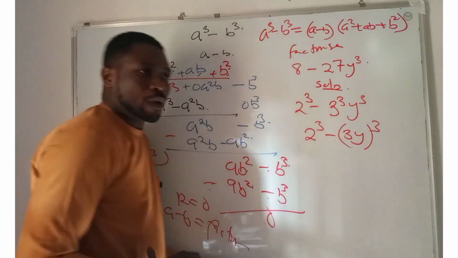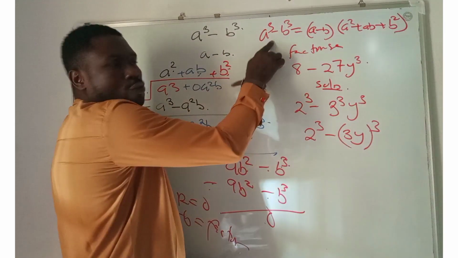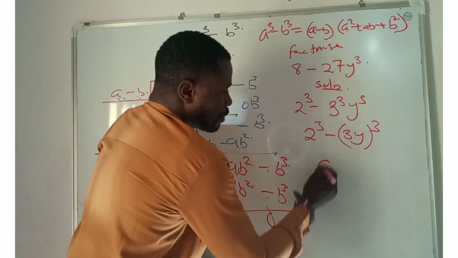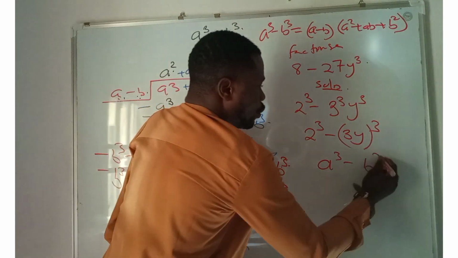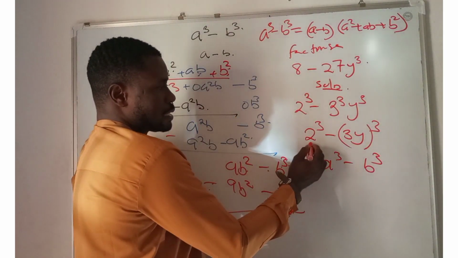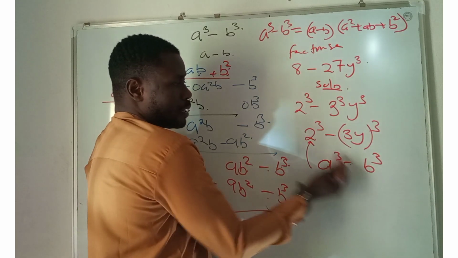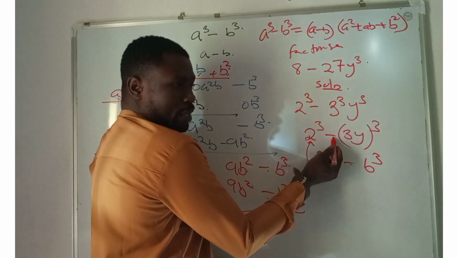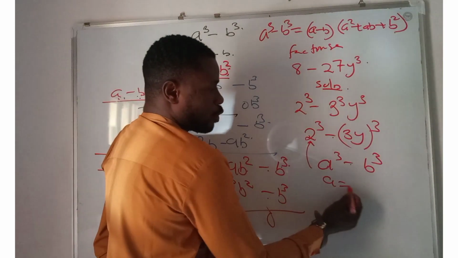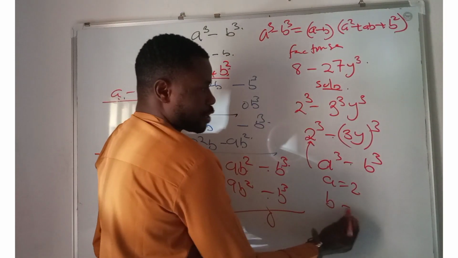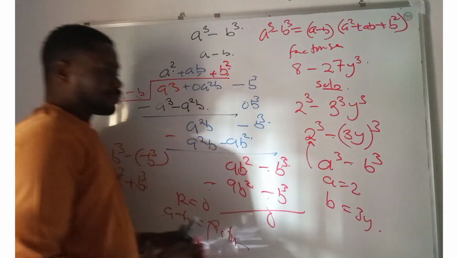If you have written it this way, it is perfectly like this one. If you compare, it becomes a cube minus b cube. I can see that this 2 came before the minus sign. Therefore, a is equal to 2, and b is equal to 3y.